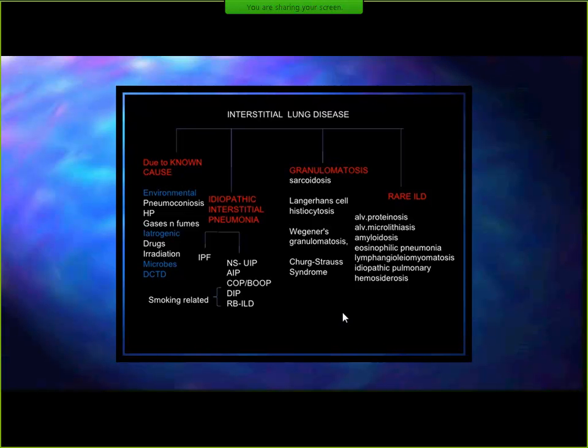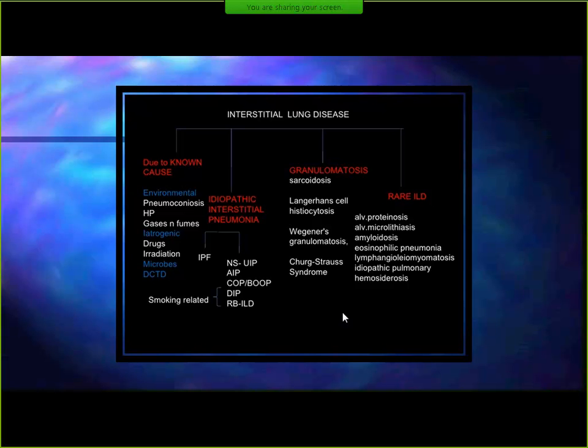So as I say, the interstitial lung disease could be of known causes, or they could be idiopathic. There's some associated with granulomas, and then there's these rare interstitial lung diseases, the zebras. Known causes: environmental, pneumoconiosis, hypersensitivity pneumonitis, gases, fumes, iatrogenic, drugs, radiation.